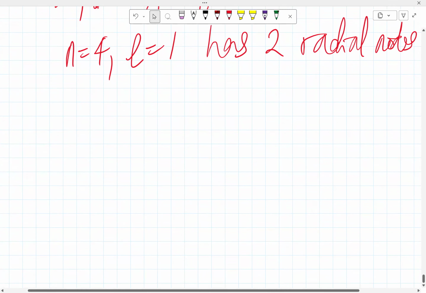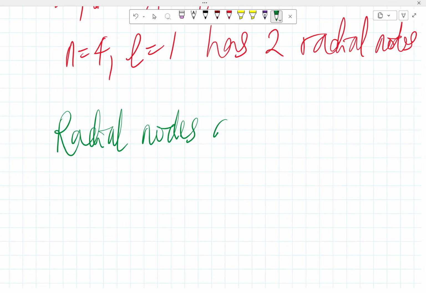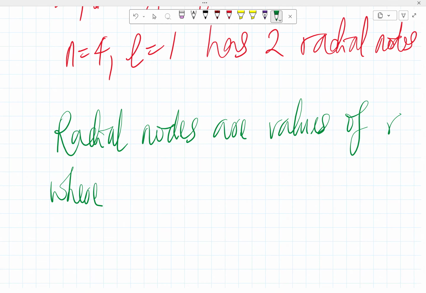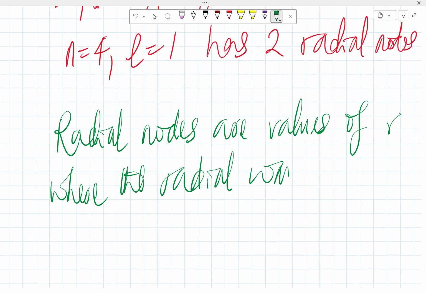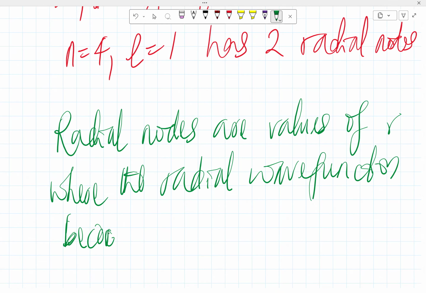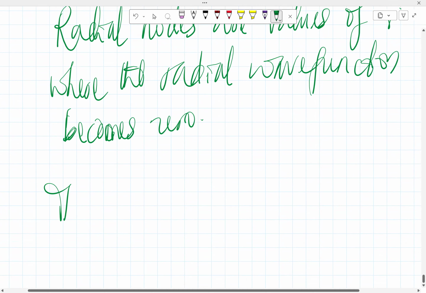That simply means that radial nodes are values of r where the radial wave function becomes zero.